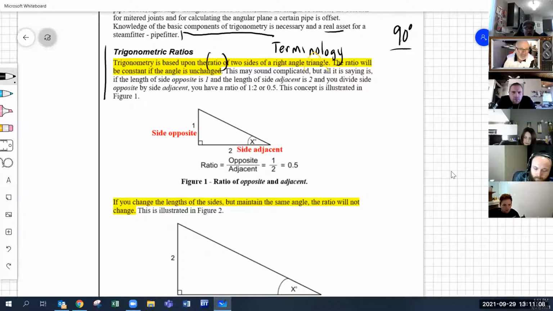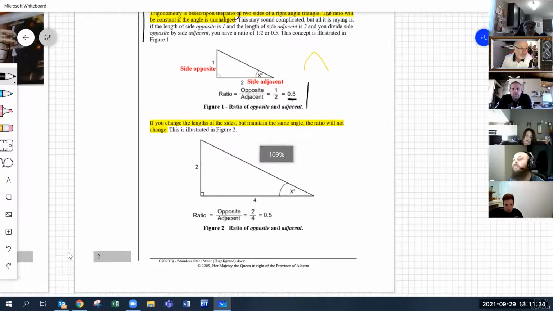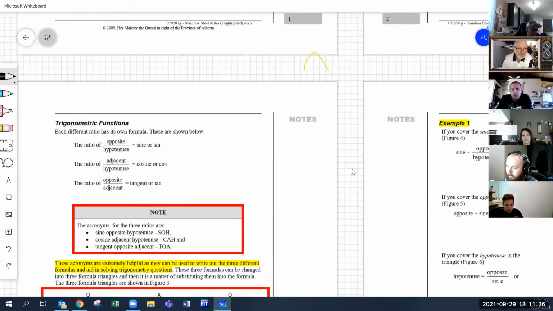So it means that the side adjacent is twice as long as the side opposite in this, or we can get a ratio of that, right? Now, sometimes it's going to be shorter or longer, but dividing it out would give us the ratio of those sides. That's it. Now, let's move on to the next page.